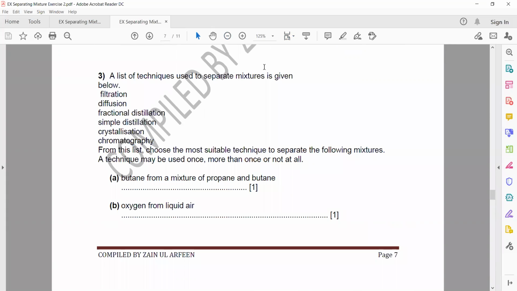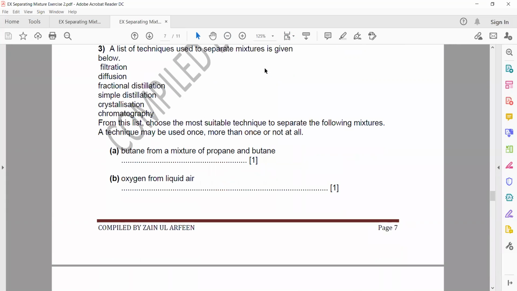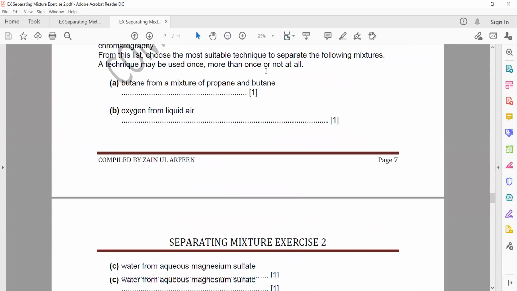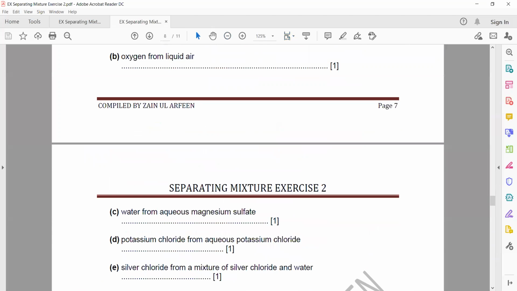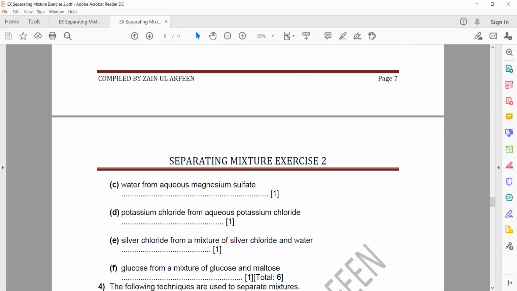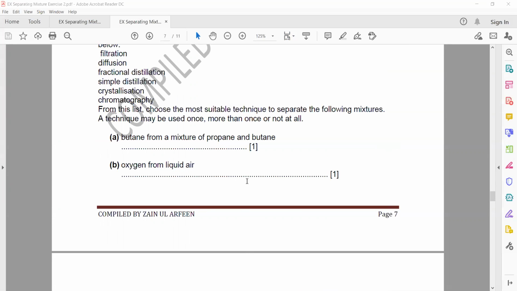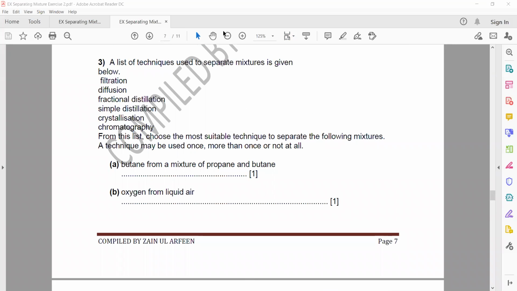Which technique can be used? If we need an insoluble salt from the solution, we can use filtration.